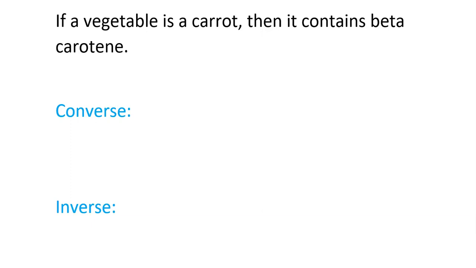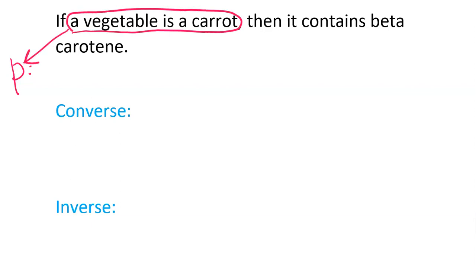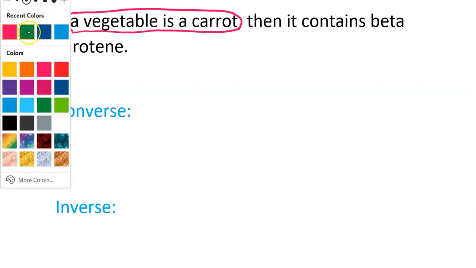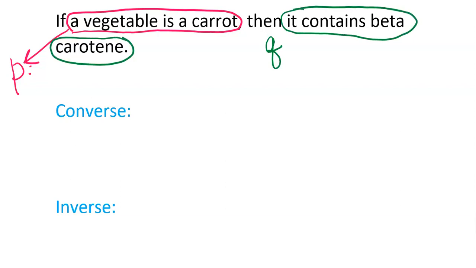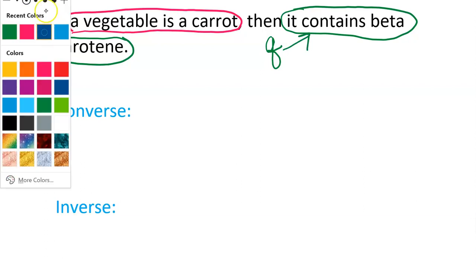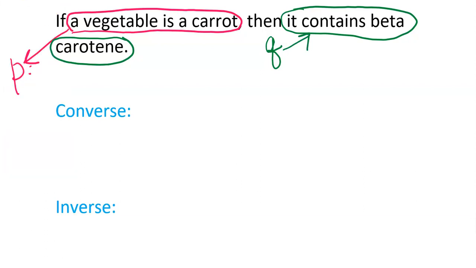Okay, so what's my P going to be? A vegetable is a carrot. And I'll do the other one in a different color. Then we look for the then. My Q is going to be, it contains beta carotene. Okay, so converse says what? Switch the order.